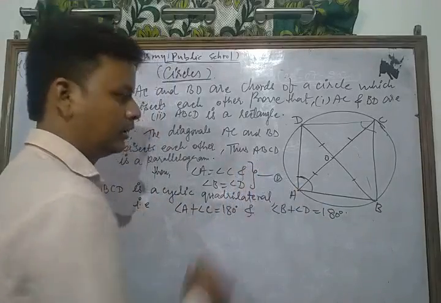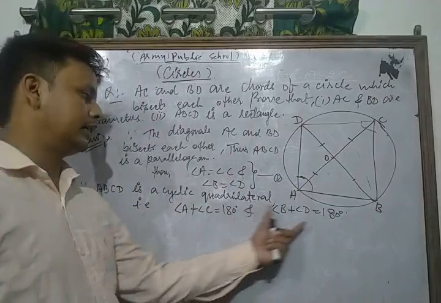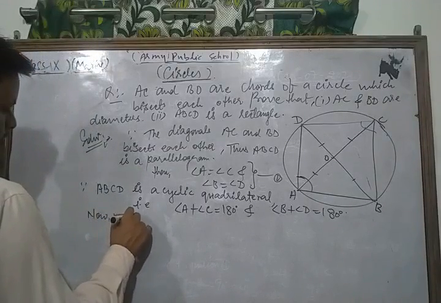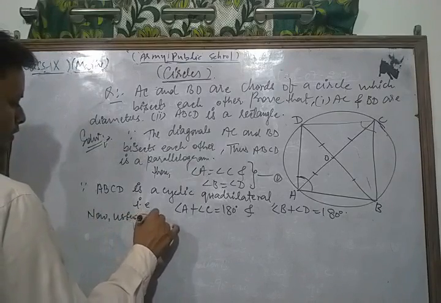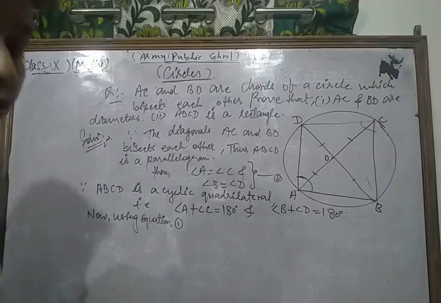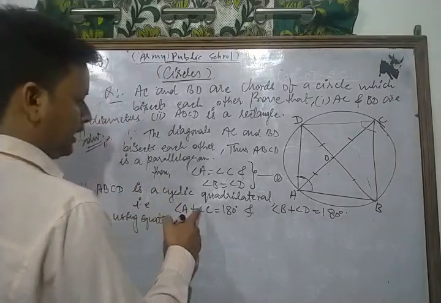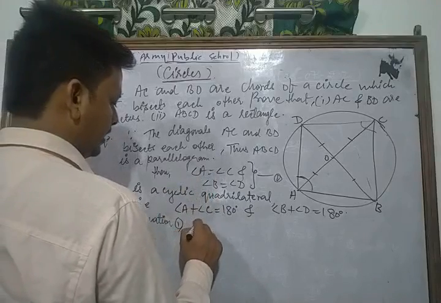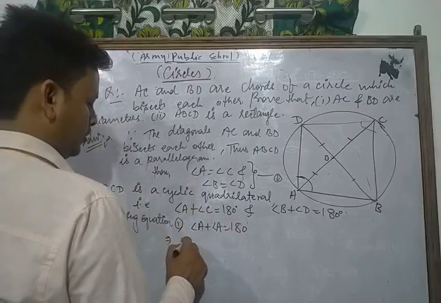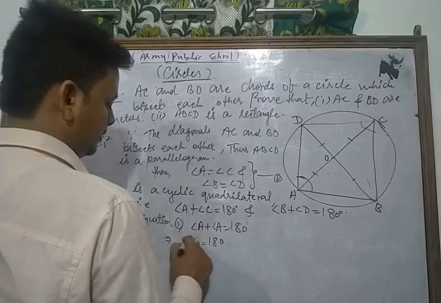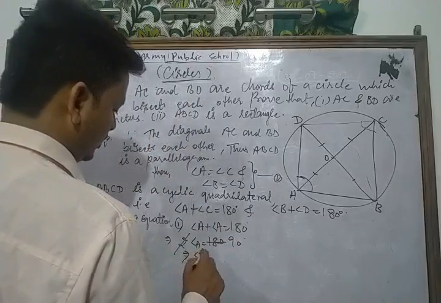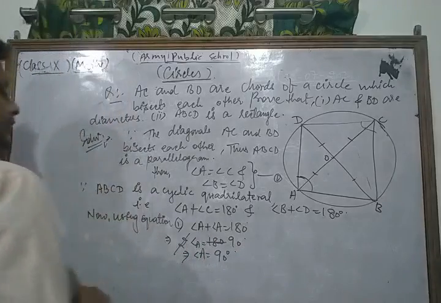These are equation 1. Now using equation 1, we put angle C as angle A, so angle A plus angle A is equal to 180. So 2 times angle A is equal to 180, so angle A is 90 degrees.